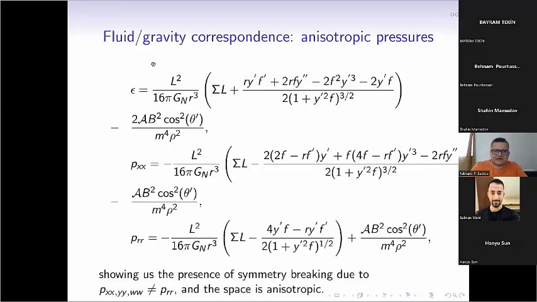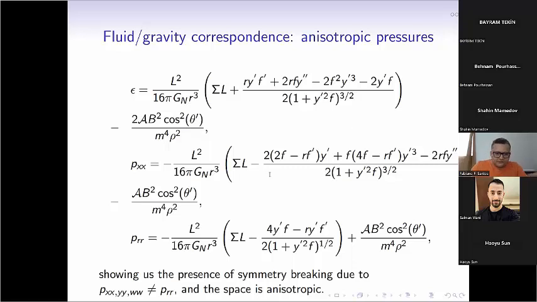Okay, another way to check if our results are in good agreement with other ways to describe the quark-gluon plasma is through the fluid gravity correspondence, right? When we analyze the anisotropic pressures.